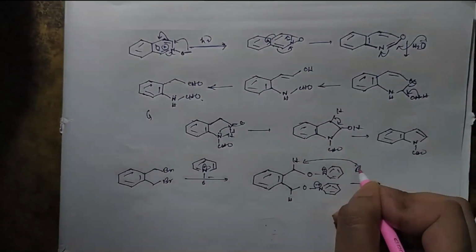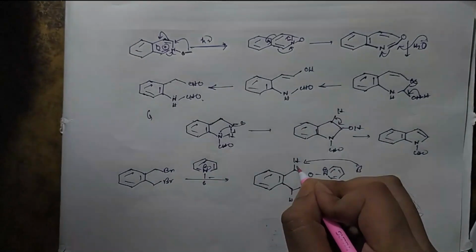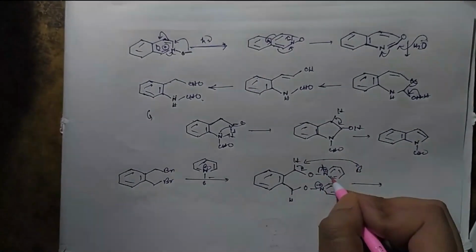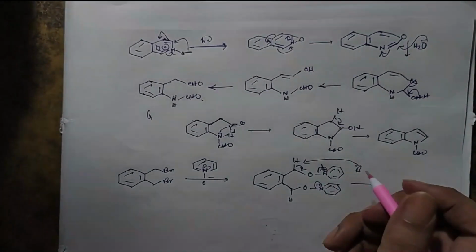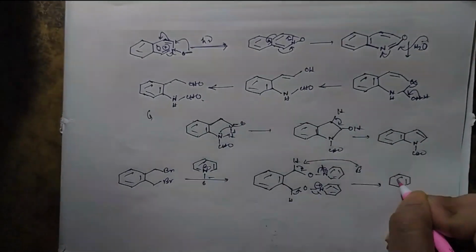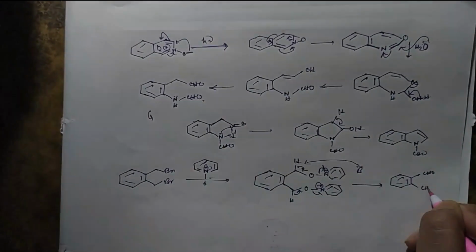So base picks up this proton, this double bond goes here, this bond pair goes to nitrogen, as this is electron deficient, so the flow of electron is well satisfied. So we get carbonyl from benzylic halide.